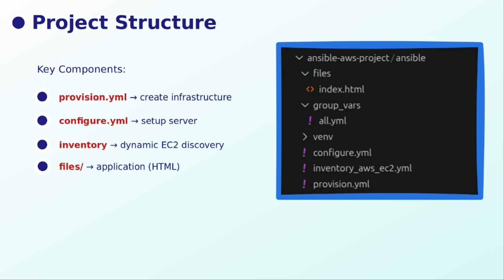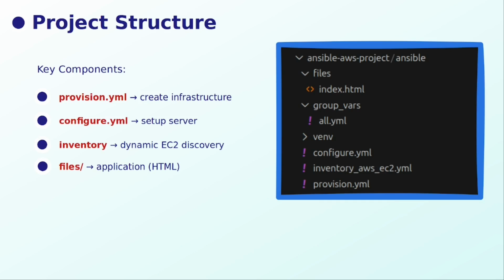Second, we have configure.yaml. This playbook handles server setup, such as installing Nginx and deploying the HTML file. Next, we have inventory aws_ec2.yaml. This is our dynamic inventory configuration, which helps Ansible discover EC2 instances automatically.